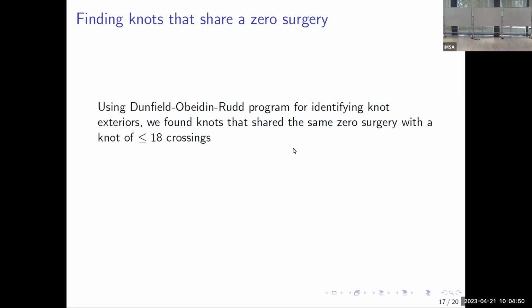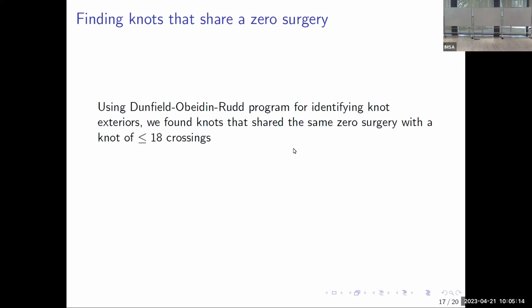For this we used a program by Dunfield, Obaden, and Rudd for identifying knot exteriors, where you give it a triangulated manifold which is a knot exterior, and it tells you what the knot is. So using that, we found knots that shared the same zero surgery with a knot of less than or equal to 18 crossings, which was in our sample.